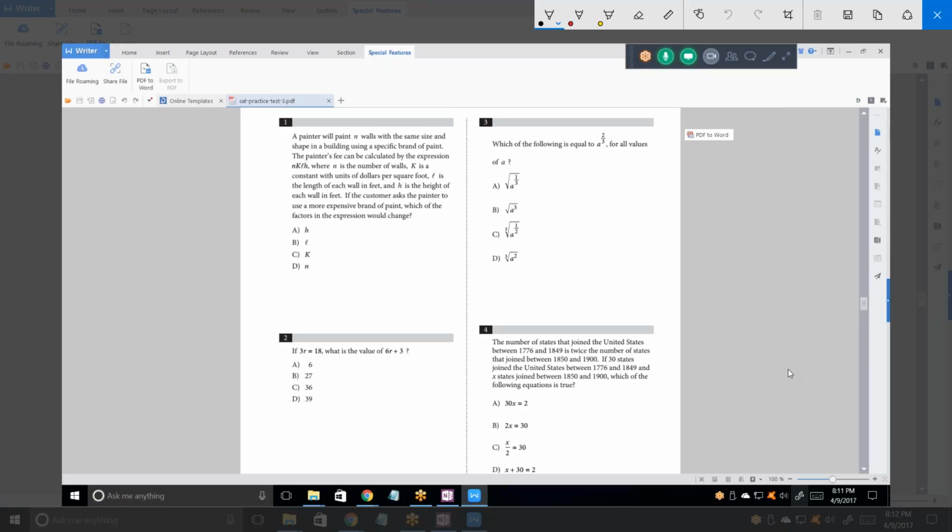This one would be, let me see. I think this one would be C. Would it be C? No. That would make X 60, which isn't the case. What do you want X to end up being? 30 divided by 2. So 2x is equal to 30.